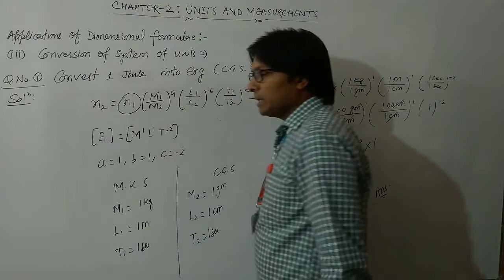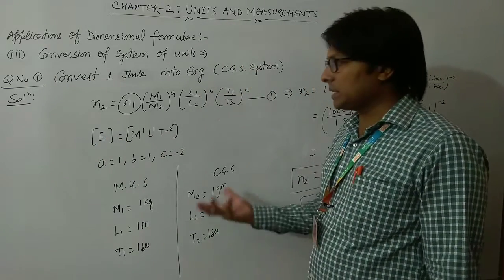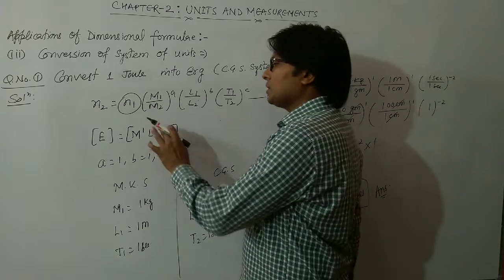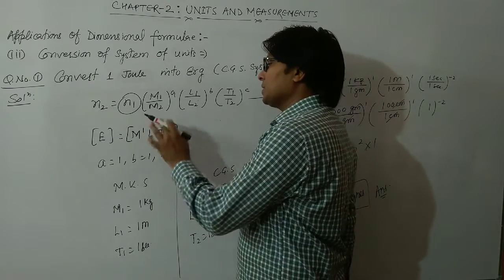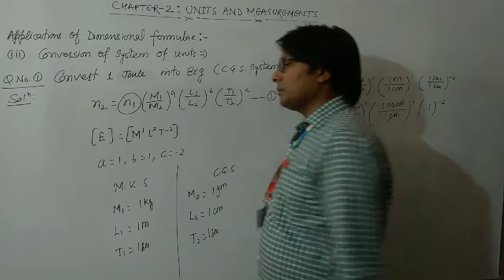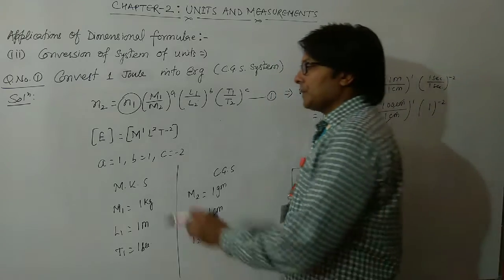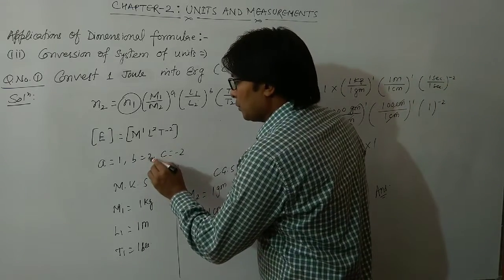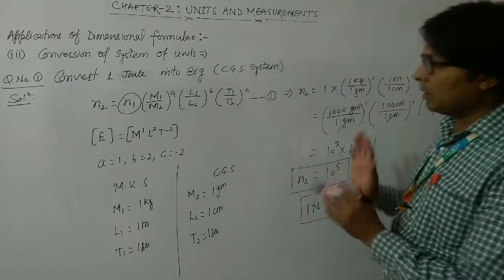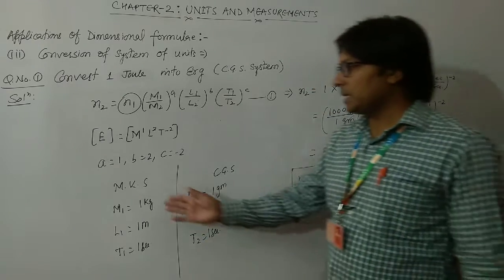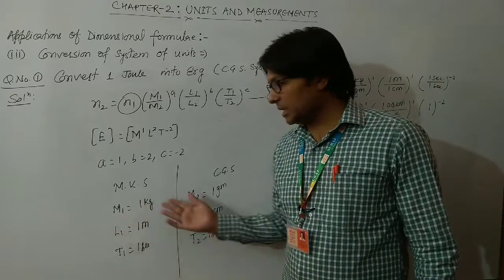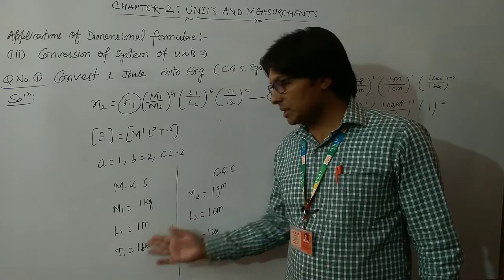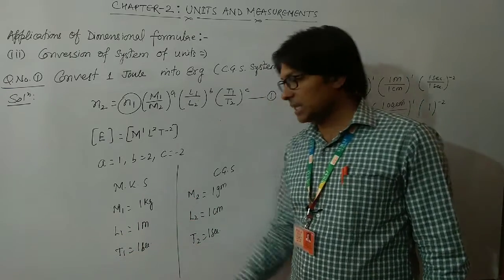You know that energy and work have the same dimensional formula, which is force into displacement, so it is M1 L square T minus 2. Now this b will become 2 and the rest will remain the same, because in the MKS system mass is measured in kg, length in meter, and time in second.